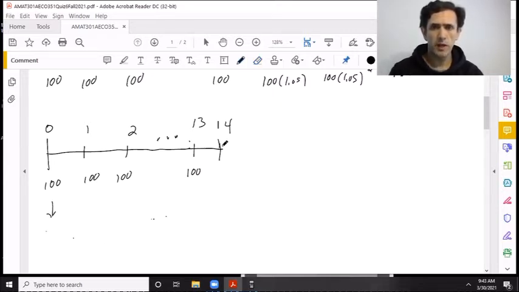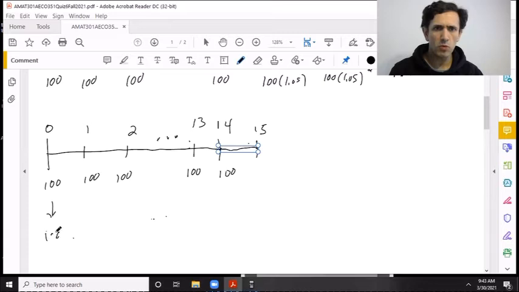So here would be, so here technically the payment periods would end at t equals 15.